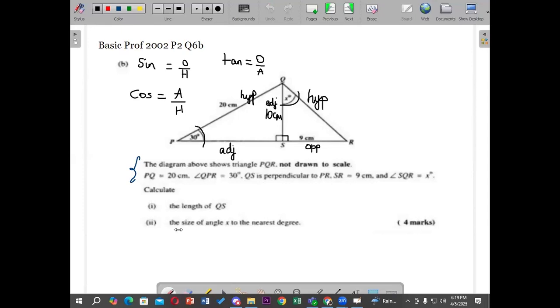But in a question where they said to state your answer to the nearest degree, one of those marks would be allocated for you writing your answer to the correct degree of accuracy. And if you fail to write your answer to the correct degree of accuracy, you're going to lose that mark. So while you might think, oh, it's just a mark, I'm going to make it up somewhere else, think about it.